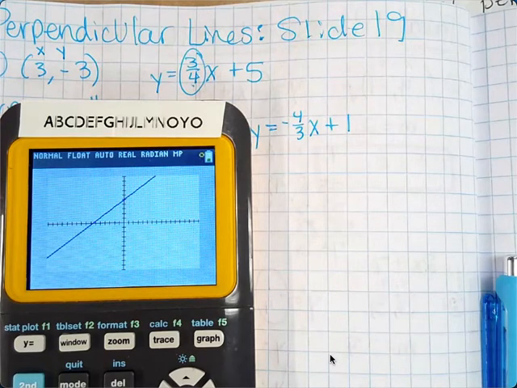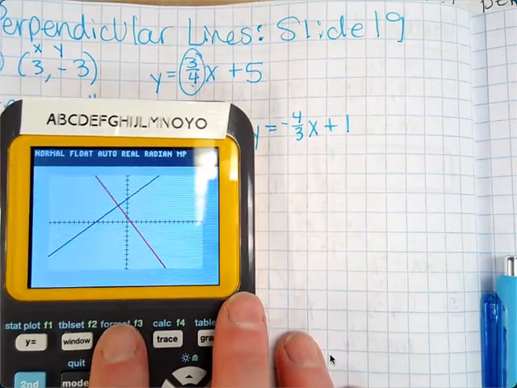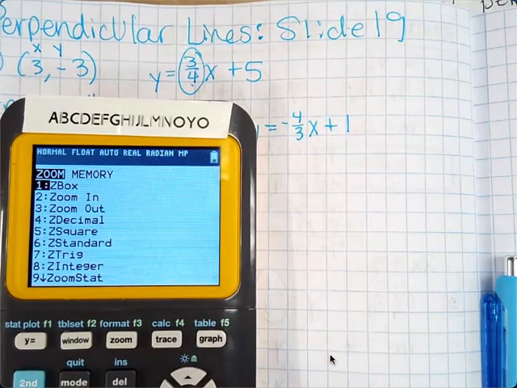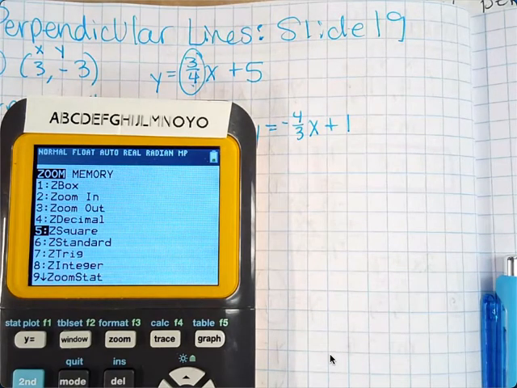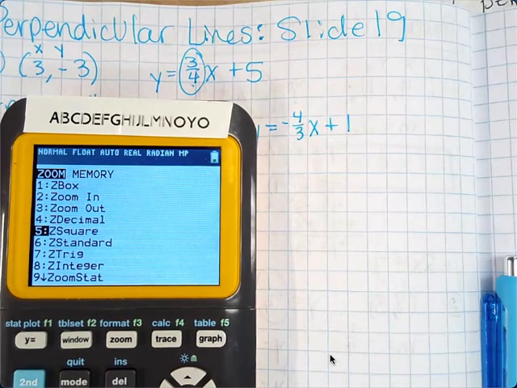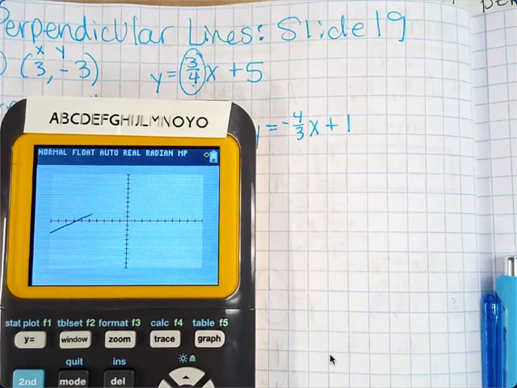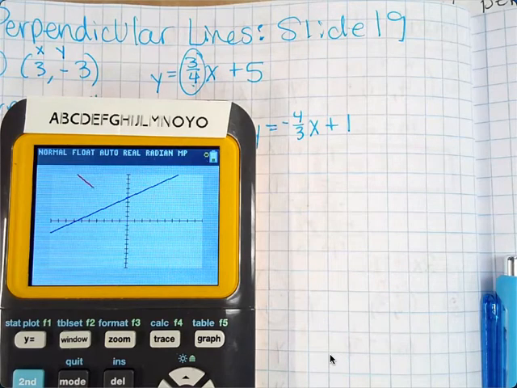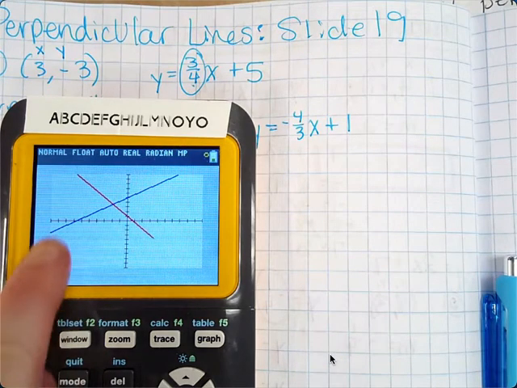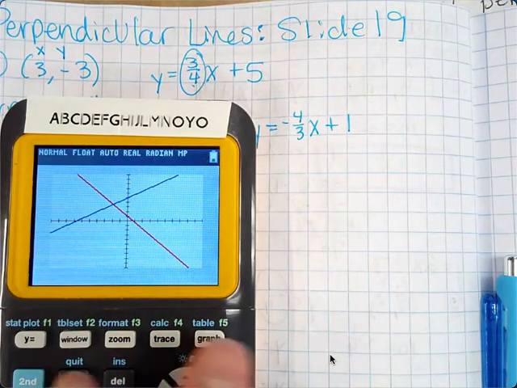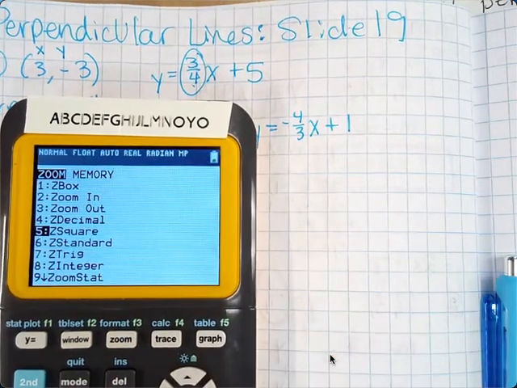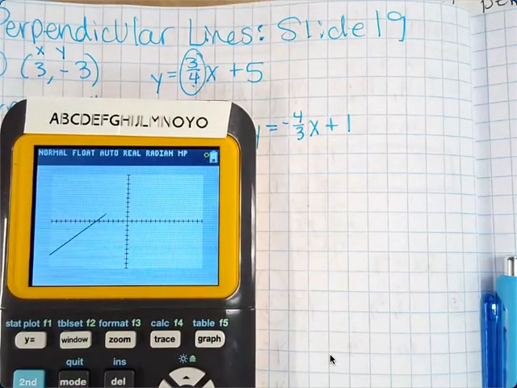I've already adjusted my graph, so it will look right. But if your graph does not look right, go to zoom and square. That fixes it so it's equal on the x and y axis. Otherwise, it doesn't look like perpendicular lines, because the axes have different spacing. So you go to zoom, square, zoom 5 to see it as it should be.